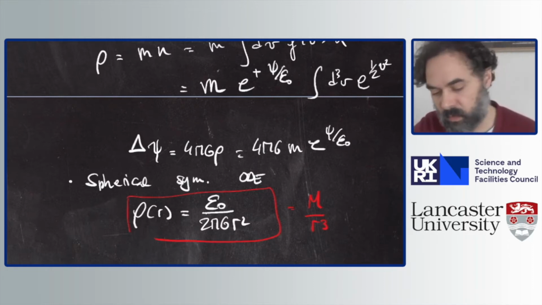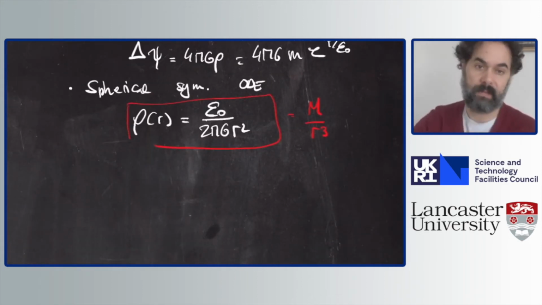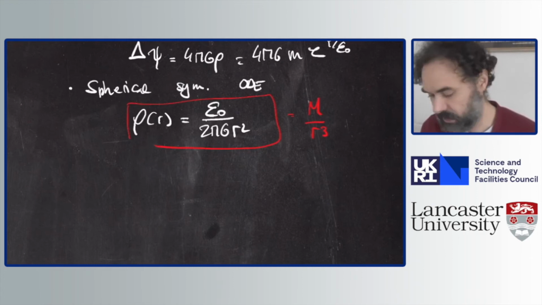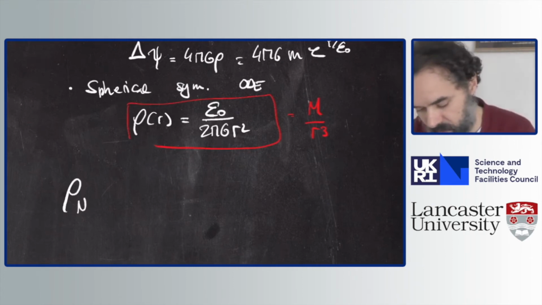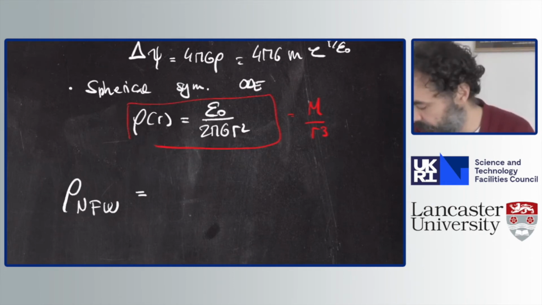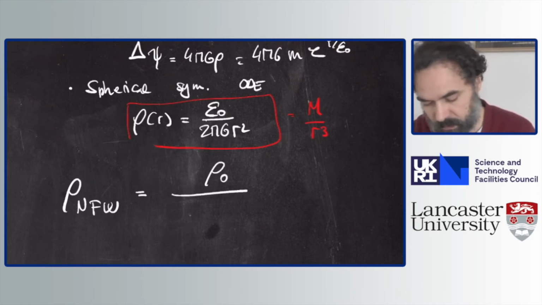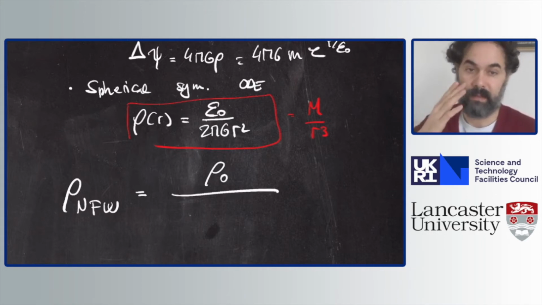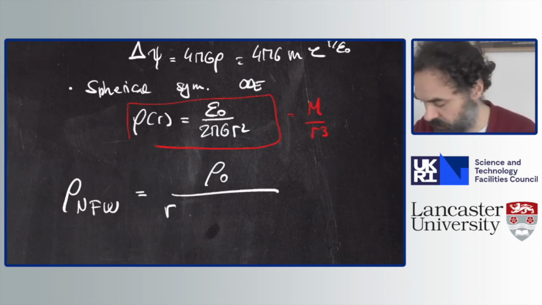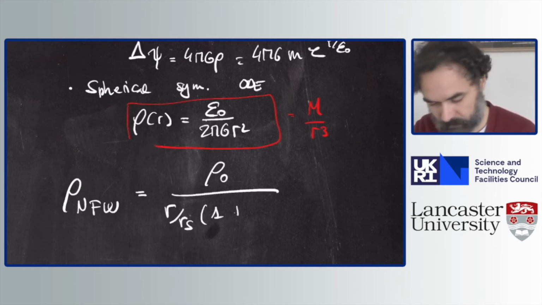Fantastic. Is that the real distribution function? Well, not really, and indeed, this is not even the real profile of dark matter halos that you see in simulations. In simulations, you see something called the Navarro-Frenk-White profile, which is parameterized by two constants. One is a typical scale of the density, and another one a scaled distance.